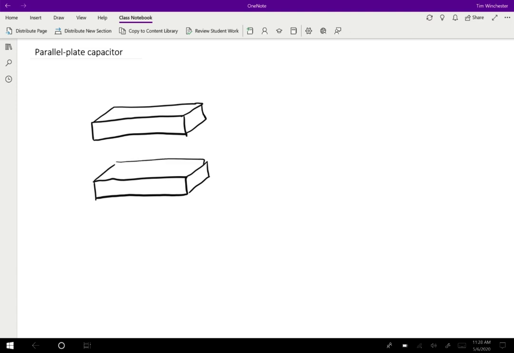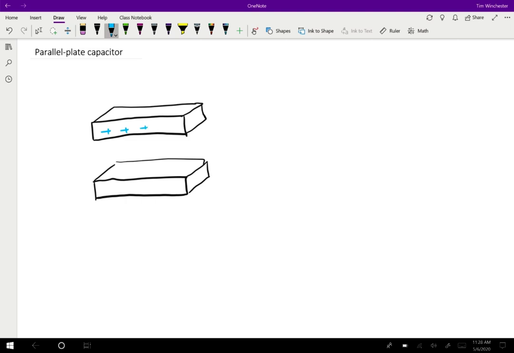And what we're going to have, just like we saw in the case of the general capacitor, is one charged positively and one charged negatively. So equal and opposite charges, plus Q on one plate, minus Q on the other.